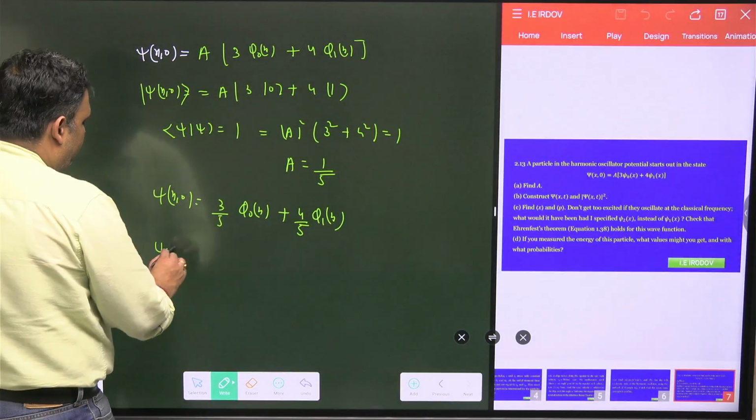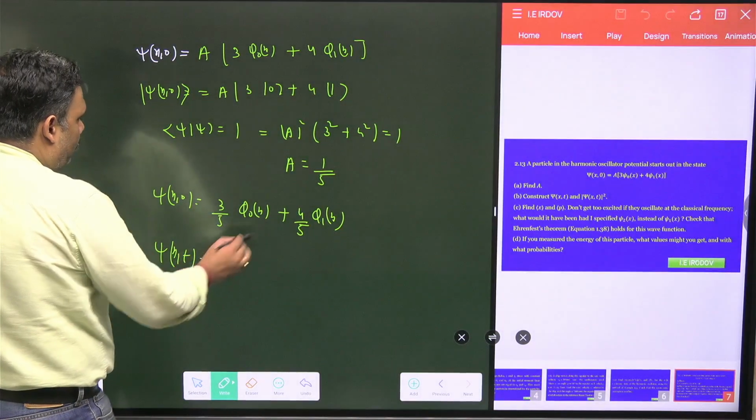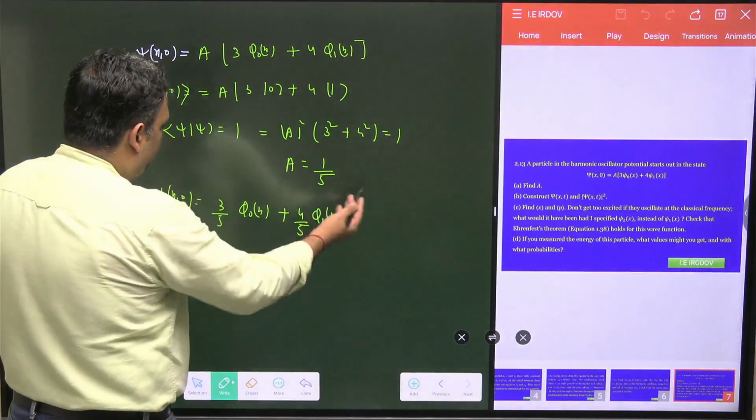So what will be psi(x,t)? Obviously phi 0 will evolve with time, and phi 1 will evolve with time.